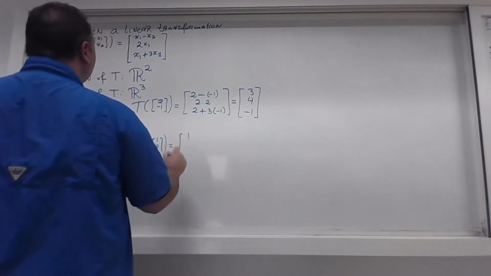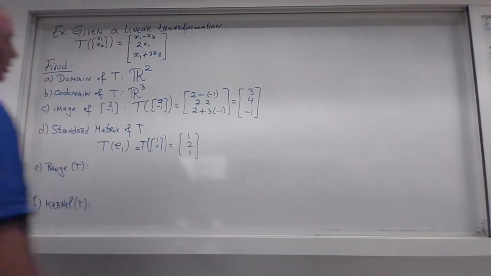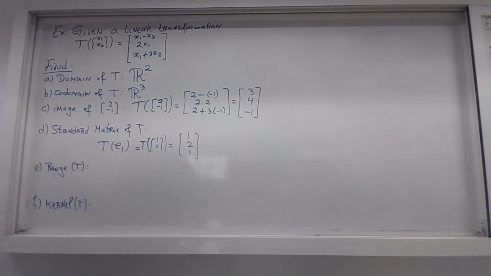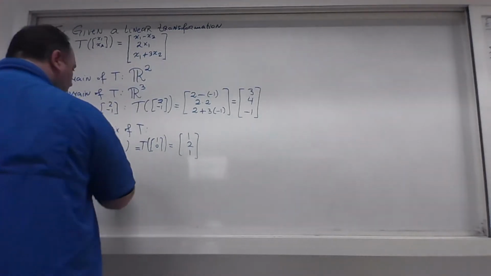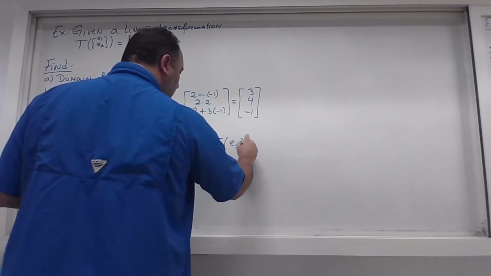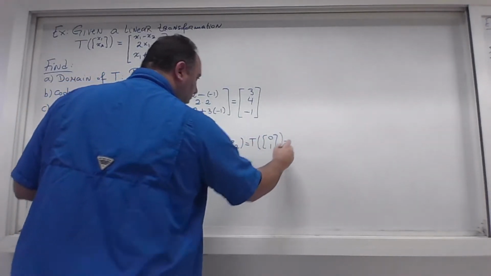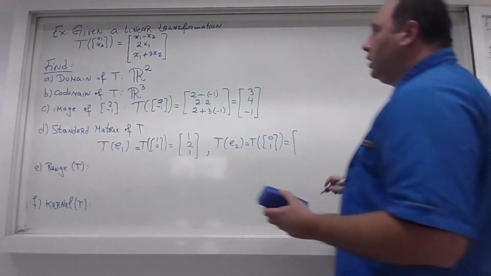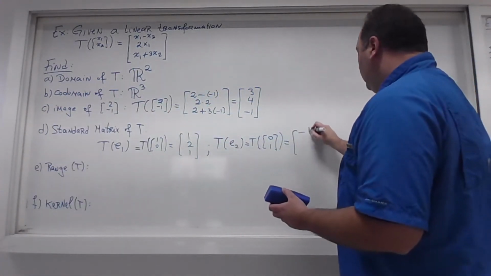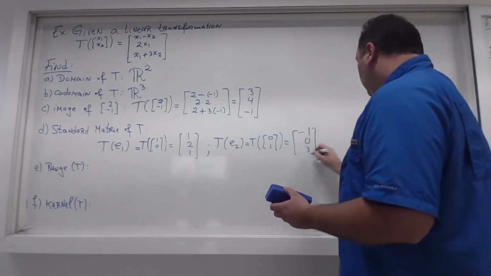So we have vector 1, 2, 1. Good. And then T of E2, T applied to vector 0, 1. So it's -1, 0, 3.